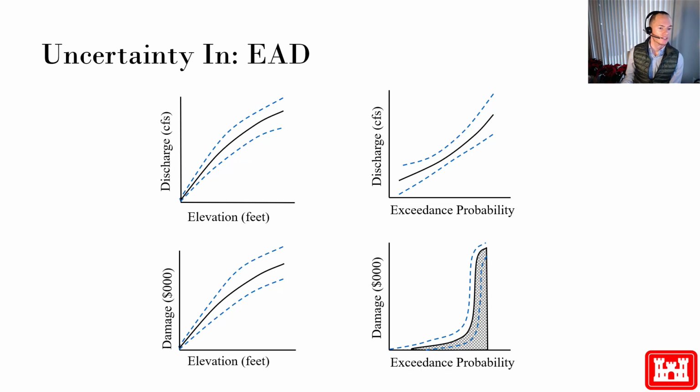You can have many different rating curves and stage damage curves, giving us many different damage frequency curves, and therefore many different realizations of expected annual damage. This simulation continues until the mean of expected annual damage stabilizes.